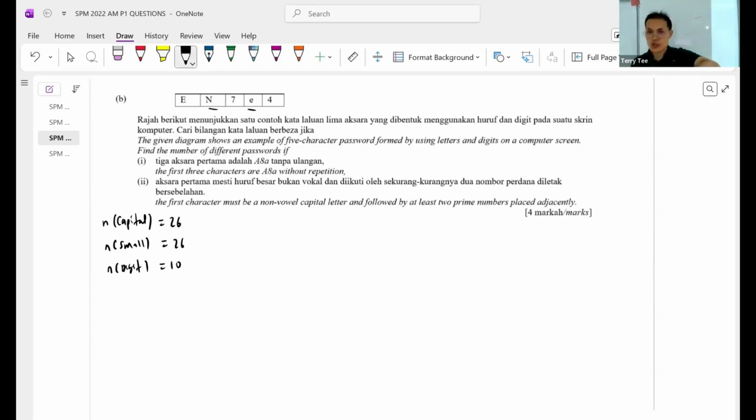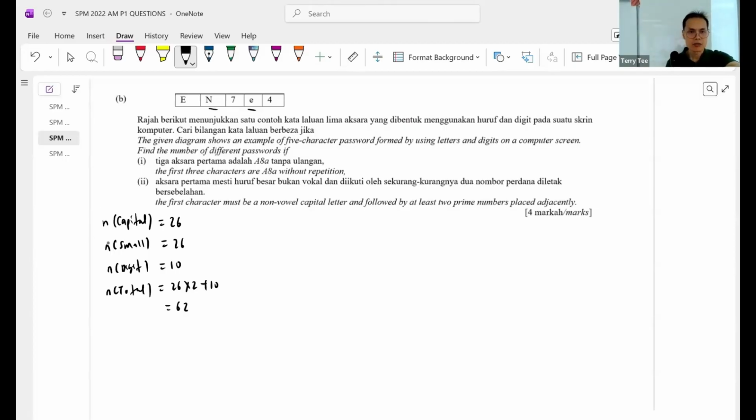Don't think it's 9. 0 to 9, there are 10 options. So in total, the number of options is 26 times 2 plus 10. Answer, 62. Your total is 62.